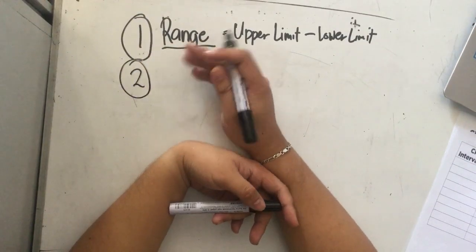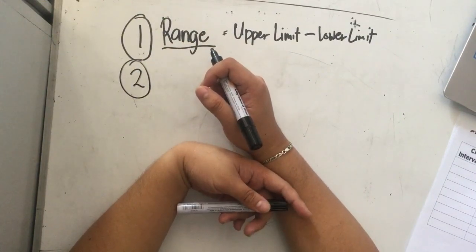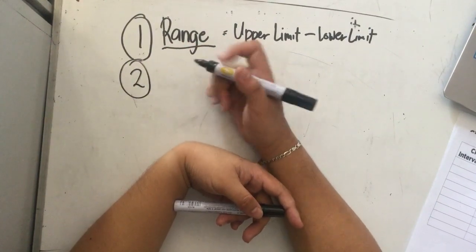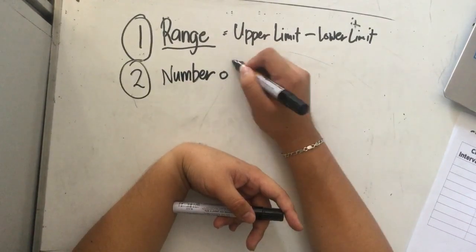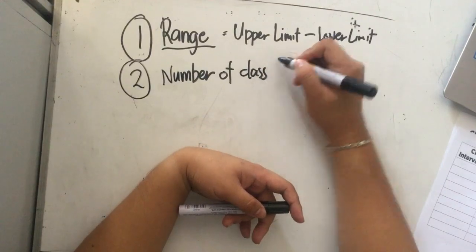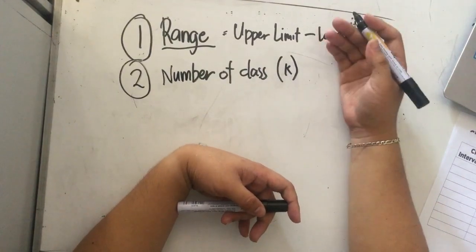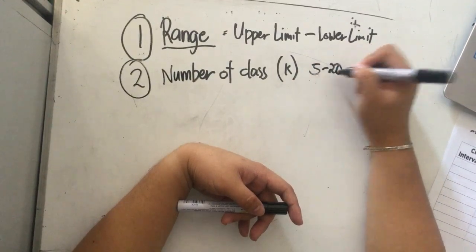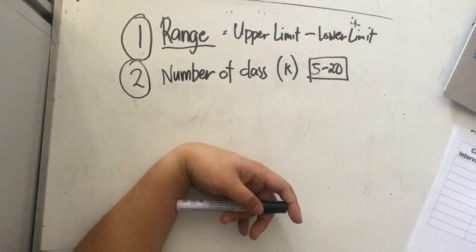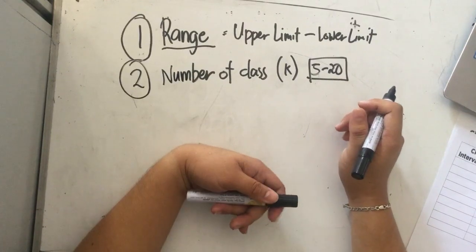Next step, after determining our range, we next determine the number of class. Okay, so the number of class, or K, in guidelines should be between 5 to 20. Kailangan yung number of class natin ay nasa gitna ni 5 and 20.